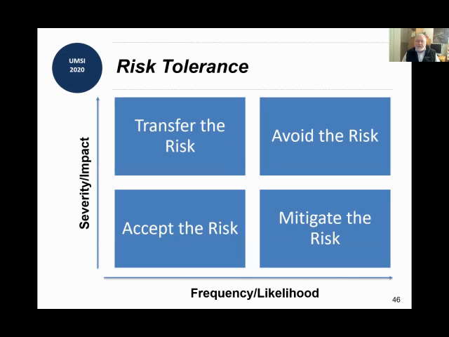So the impact versus likelihood assessment is an important way of classifying your risks in terms of the ones in the upper right-hand corner that have a high likelihood and high impact. Those are the ones that you need to avoid and address immediately. But those that have a low impact and a low likelihood, in the bottom left-hand corner, you would just accept.